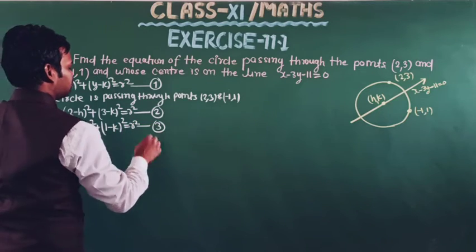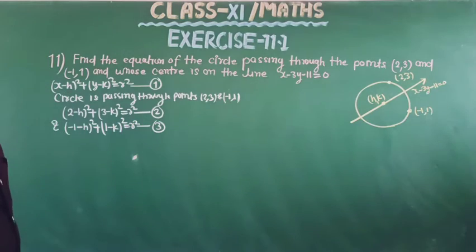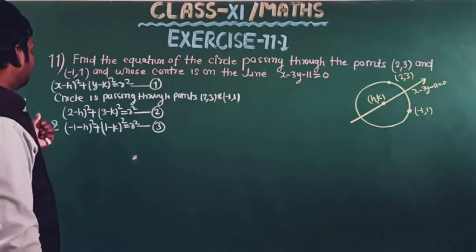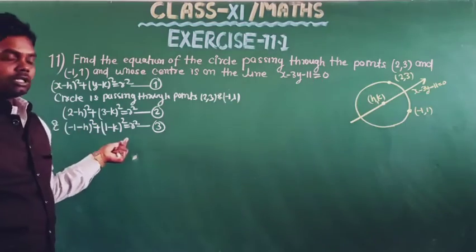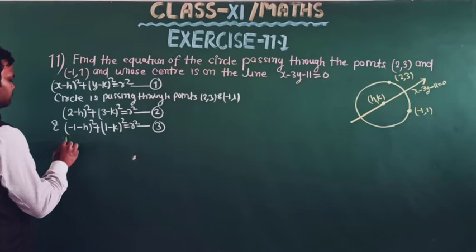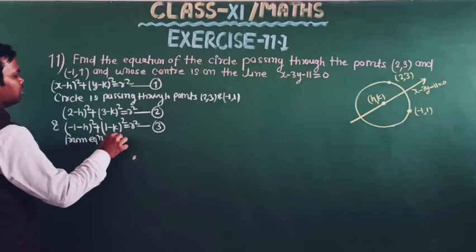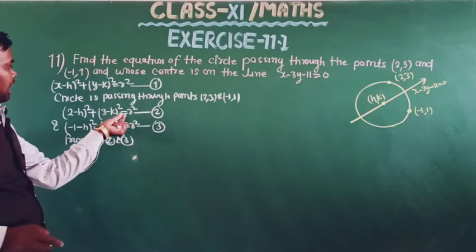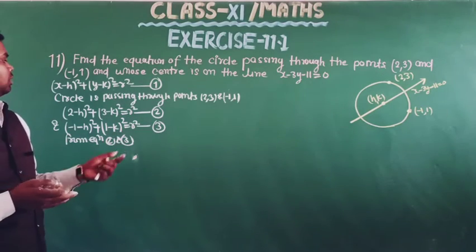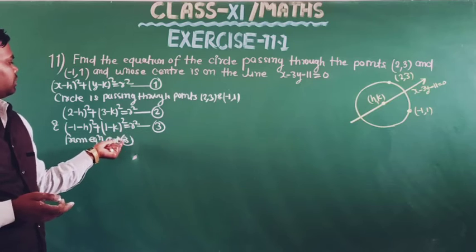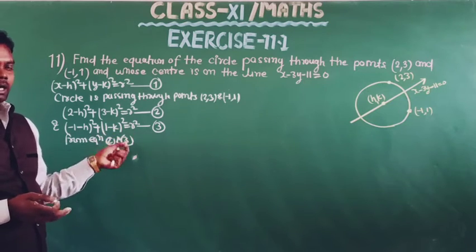This is equation 3. Now from equation 2 and 3, here r square is common, so we have to eliminate r square first.